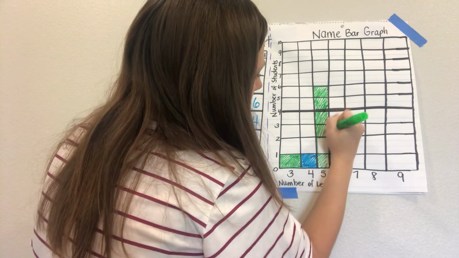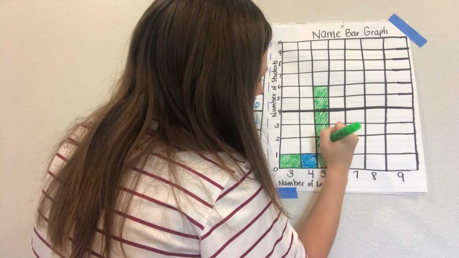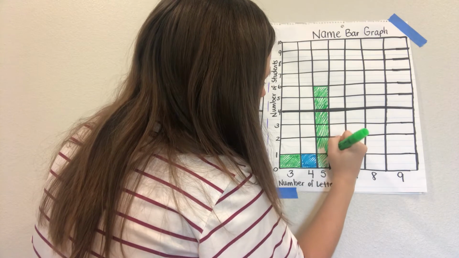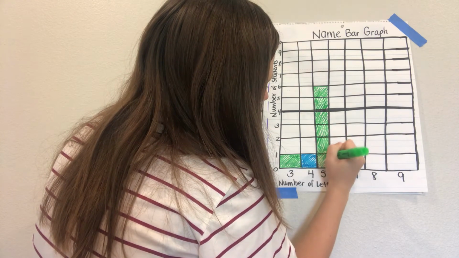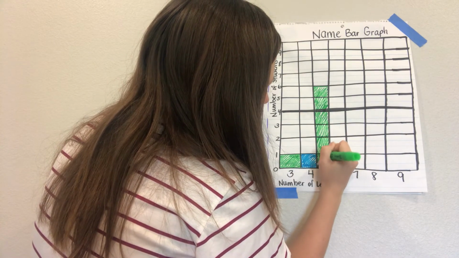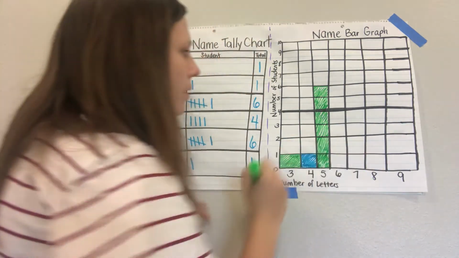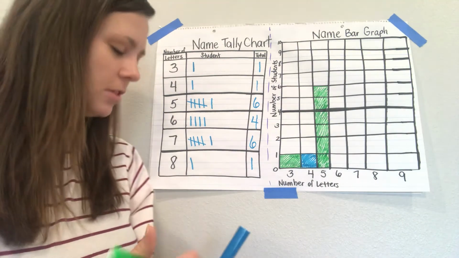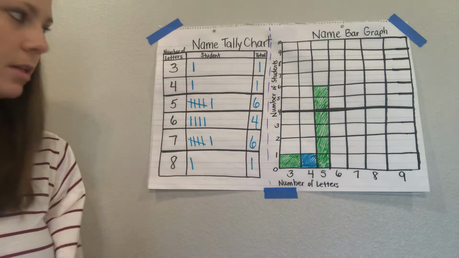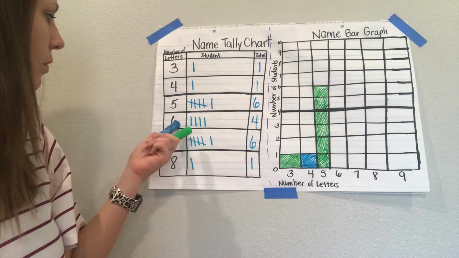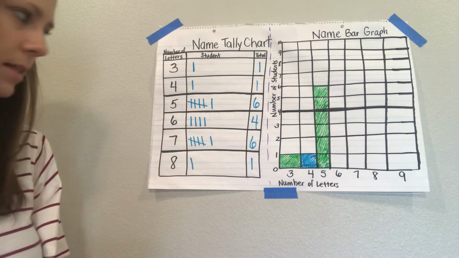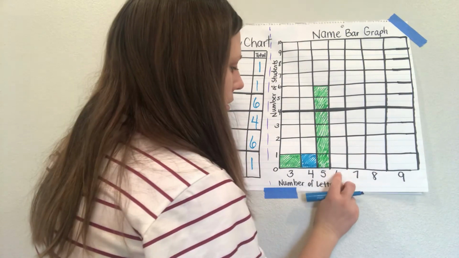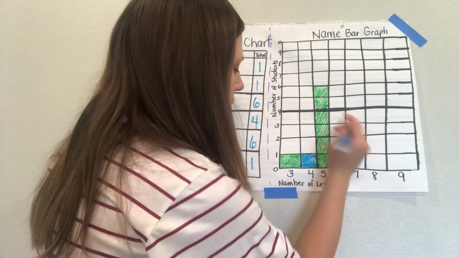This would be much easier with crayon. All right, so there is how many students had 5 letters in their name. Now for 6 letters in their name, we had a total of 4 students with 6 letters. So here's 6. We had 4 people with 6 letters.